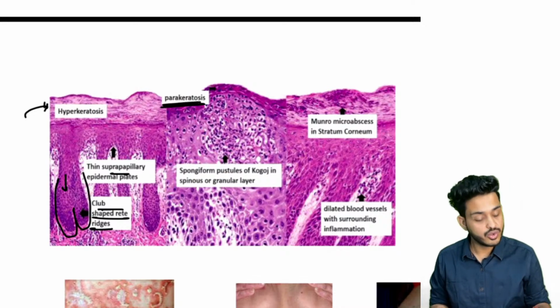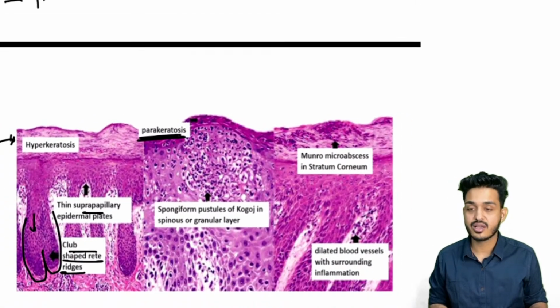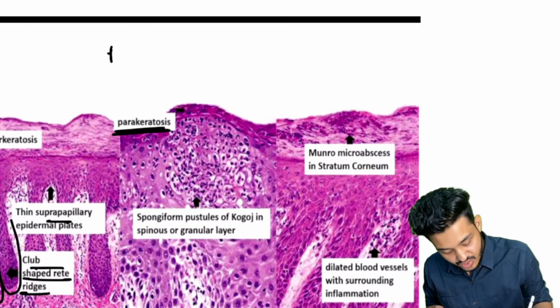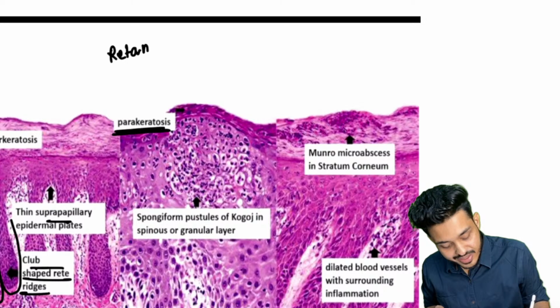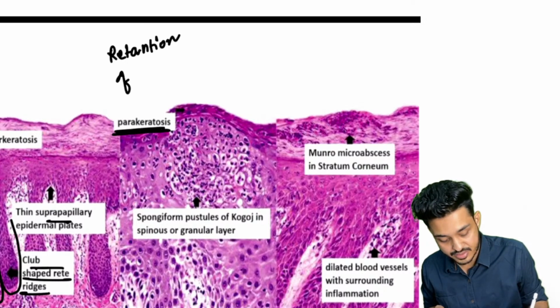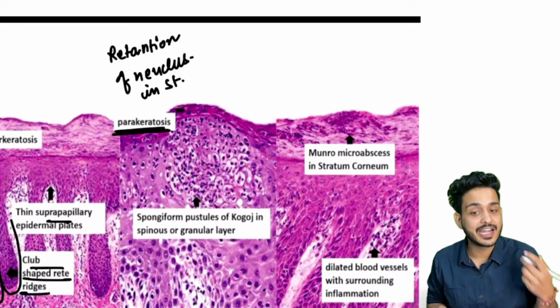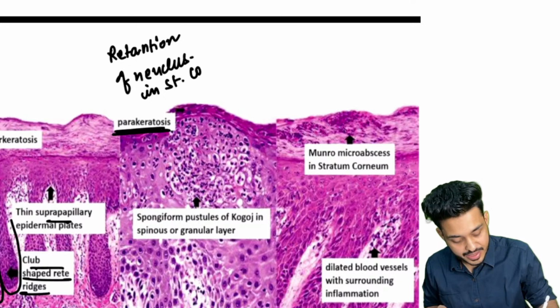I have already told you what is the meaning of parakeratosis, है ना? अपन ने पढ़ा था. Parakeratosis means there will be retention of nucleus in which layer? In stratum corneum. इन stratum corneum में न्यूक्लियस नहीं होना चाहिए.